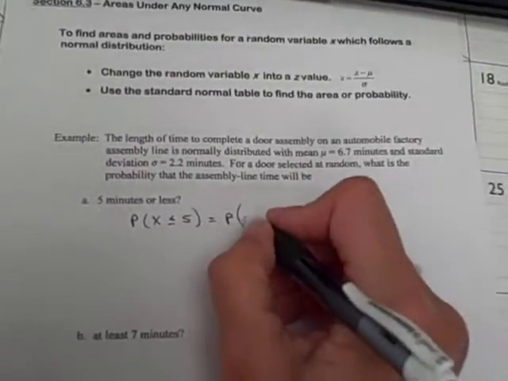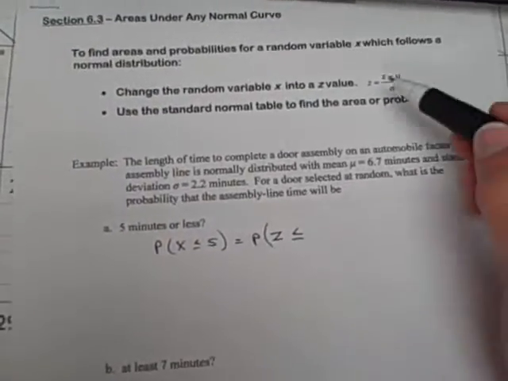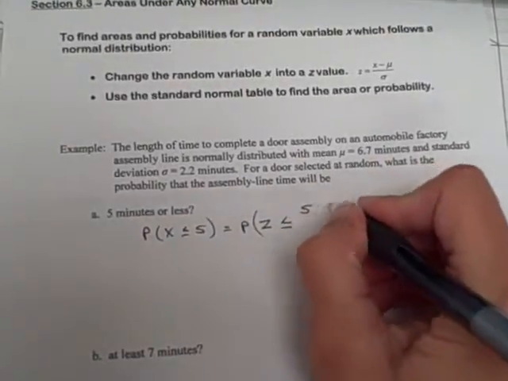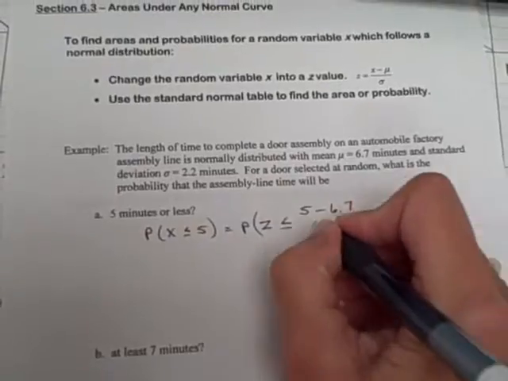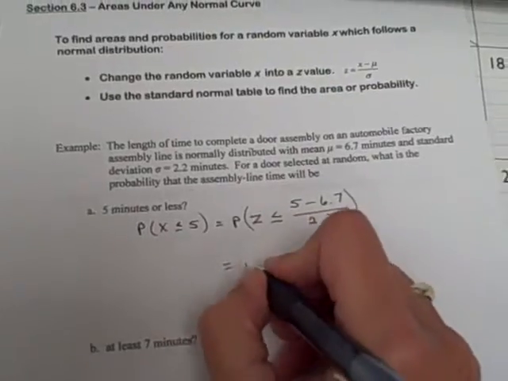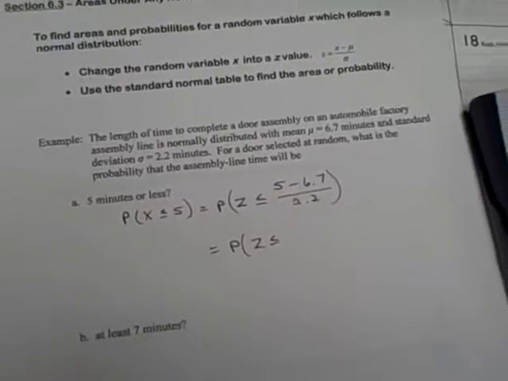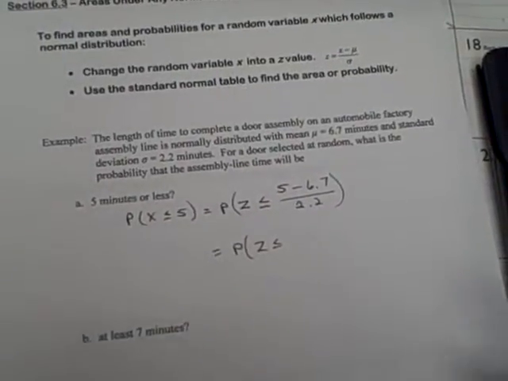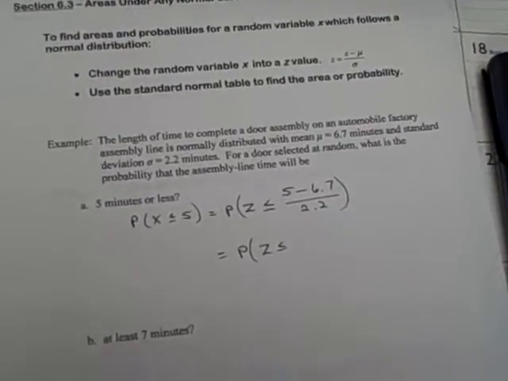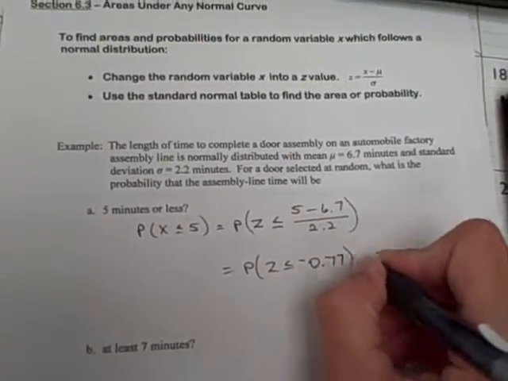So I'm going to keep my probability statement. I'm going to say the probability that z is less than or equal to, now remember, we use x minus mu over sigma. So x is 5 minus mu, which is 6.7, over sigma, which is 2.2. So this is the probability that z is less than or equal to negative 0.772, so negative 0.77.